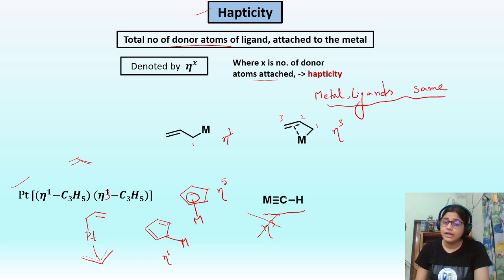Here the ligand is, let's say, CH3 minus, and only the carbon atom is attached with the metal. So it will be eta 1. If you remember the definition in a correct way, you can never be wrong in the question.